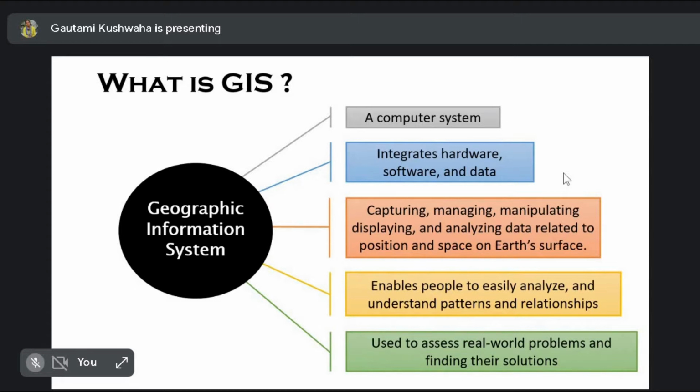One is a physical parameter, and another is an economic or social parameter, which we usually analyze through tabular data or theoretical, textual kinds of data. But if you know GIS, you can do the analysis and relate different kinds of parameters together, and you can understand the patterns and relationships between them. So this is what GIS does.